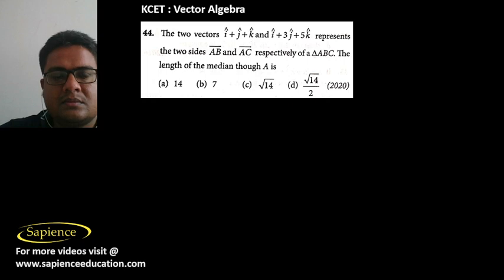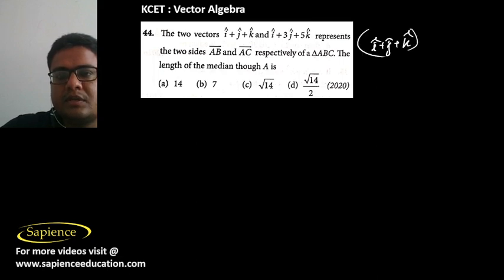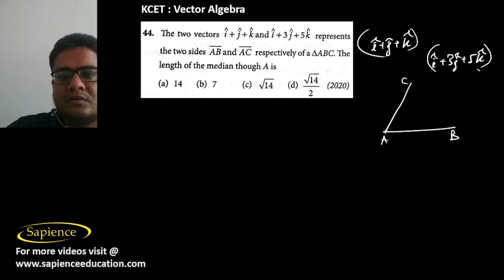Then here the two vectors i cap plus j cap plus k cap and i cap plus 3j cap plus 5k cap represent two sides AB and AC of the triangle ABC.